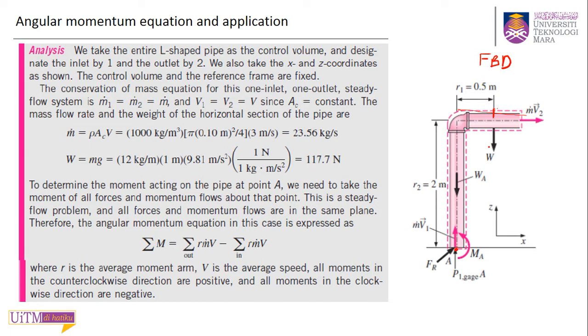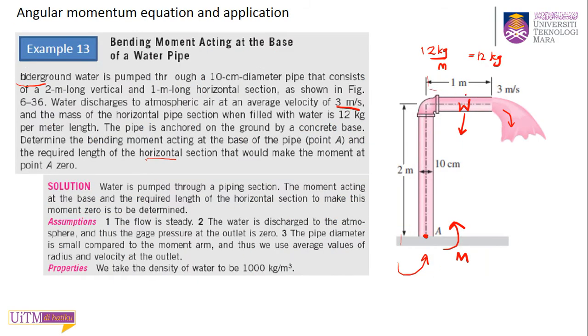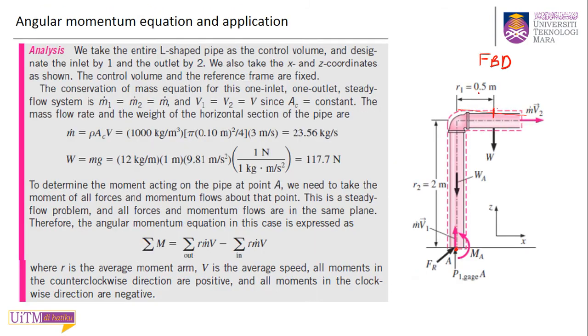So that's why R1 is half of your 1 meter. They give you 1 meter here, so your W must always act at the center. Okay, that's why your R1 is 0.5 meter.